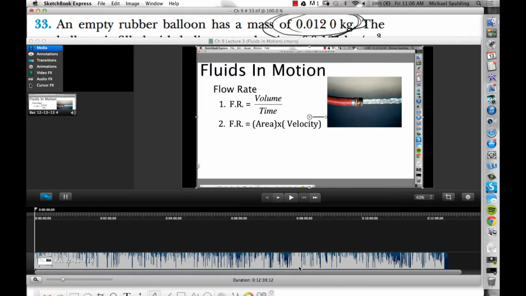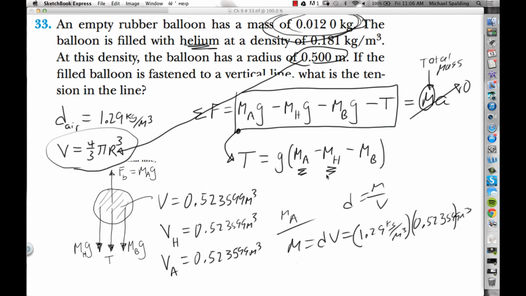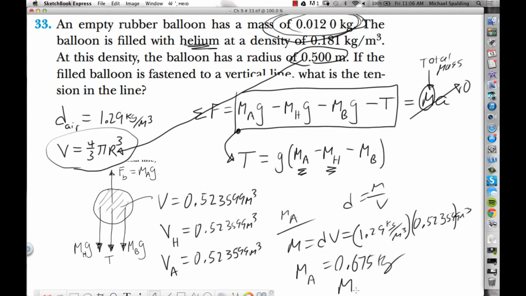So the mass of the air comes out as 0.675 kilograms. Do the same thing for the mass of the helium. Just change the density to 0.181. The mass of the helium comes out to be 0.0947. You plug in up here, and the tension comes out as 5.6.